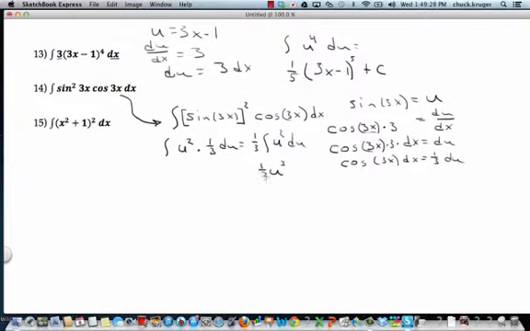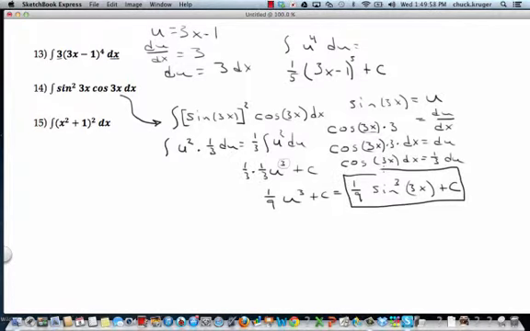I'm going to have a 3rd from the reciprocal of the 3 times this 3rd that's already in front of the integral plus c, and I have 1/9 u cubed plus c. Now I'm going to resubstitute, and I'm going to have 1/9 times the sine cubed of 3x plus c. And that's my antiderivative right here.